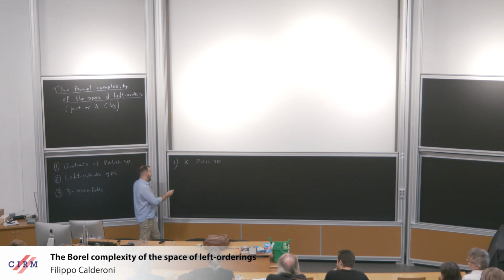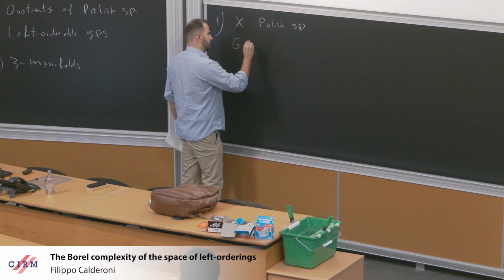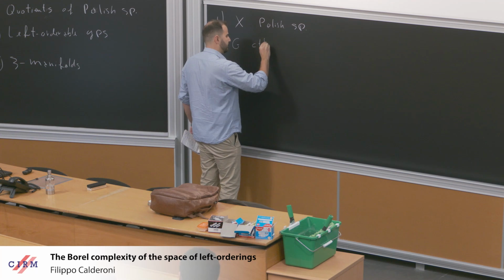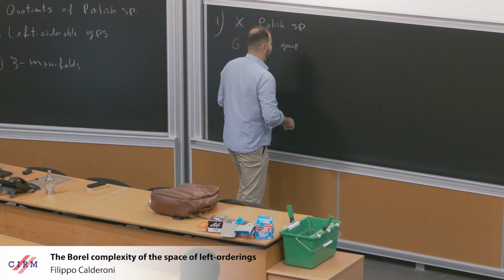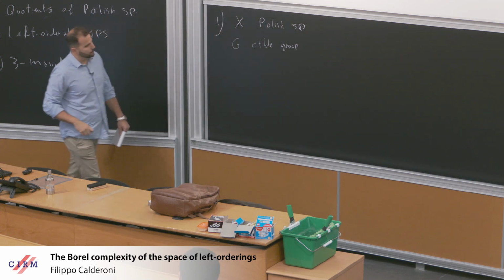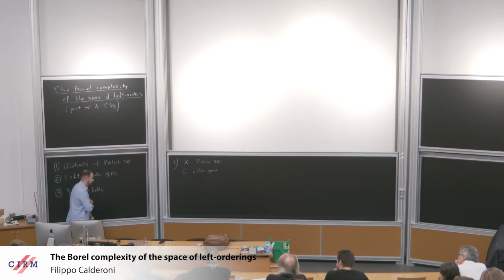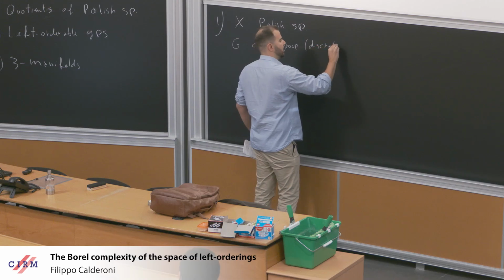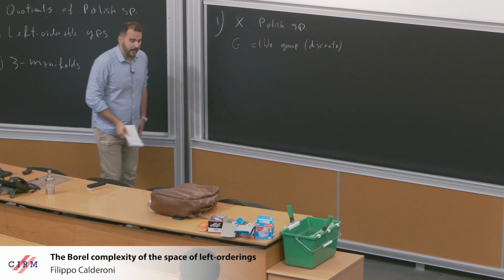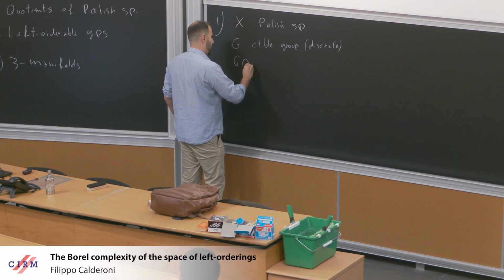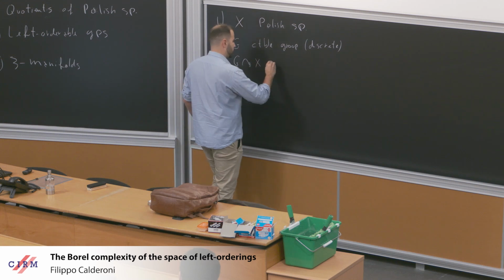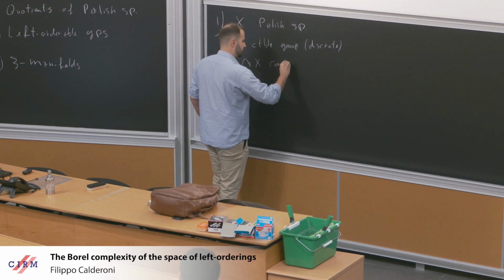And we always have G, a countable group that, if you like, since we want also the group to be Polish, we can think about the group with the discrete topology. And in this talk, the group will be acting on X in a continuous way. So the action will be continuous.